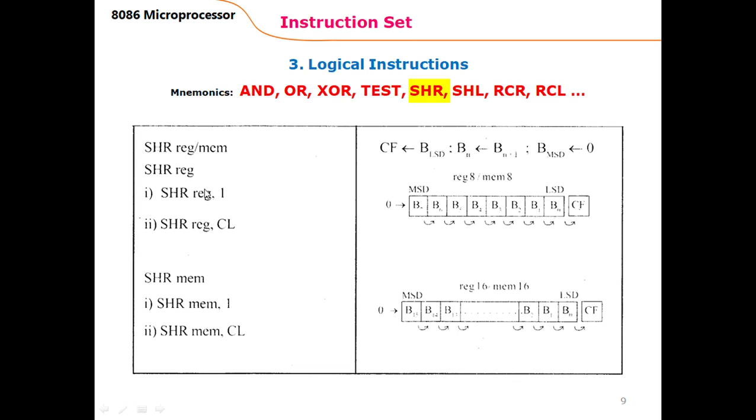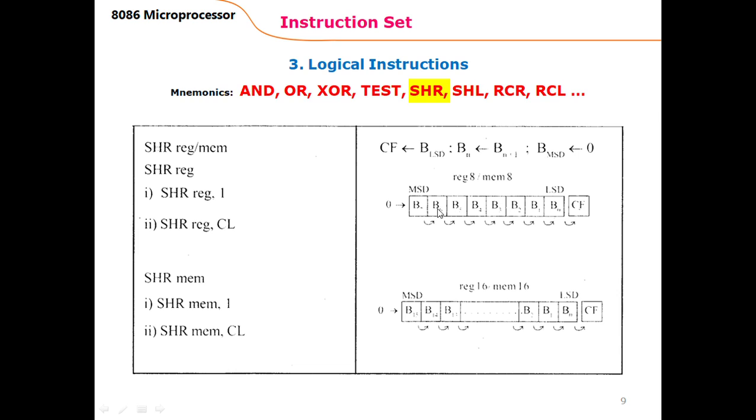So the value that is being shifted is provided in the register or in the memory location, and the number of places to shift the bits of that value is provided through an immediate value, or that count is provided through the count register here. The two operands are separated by a comma.